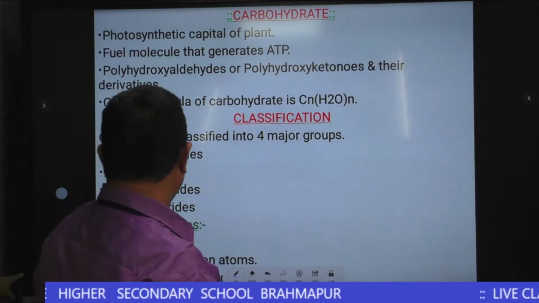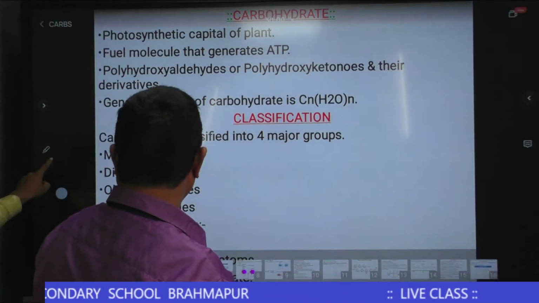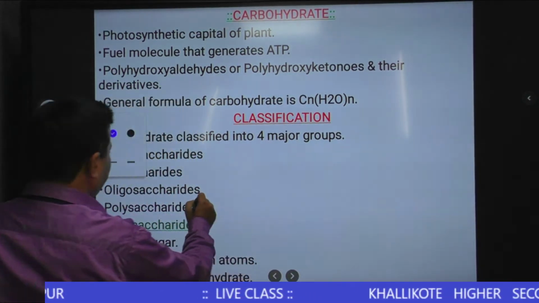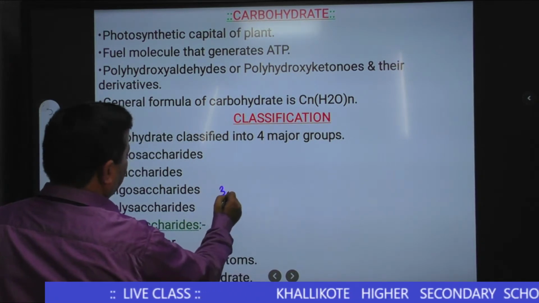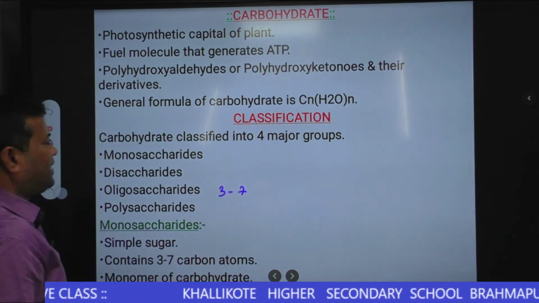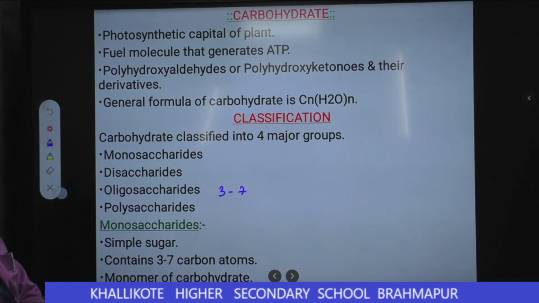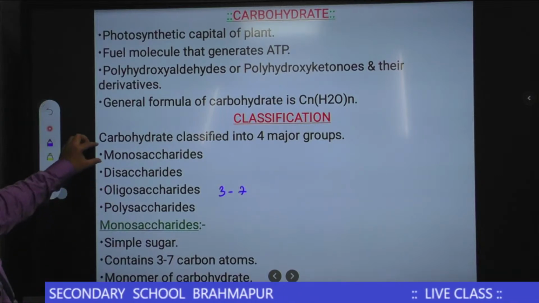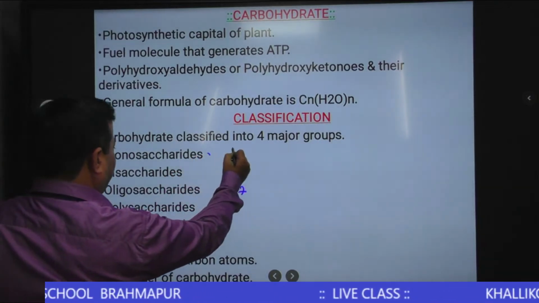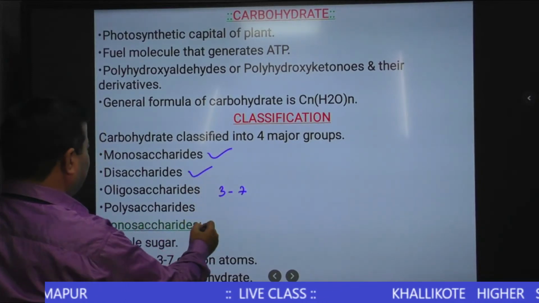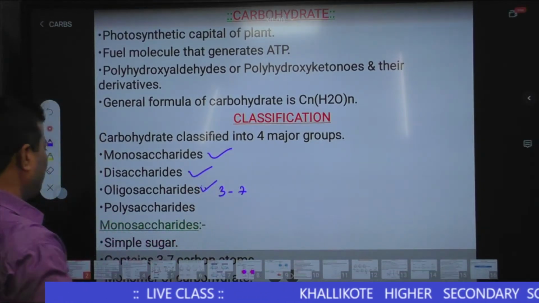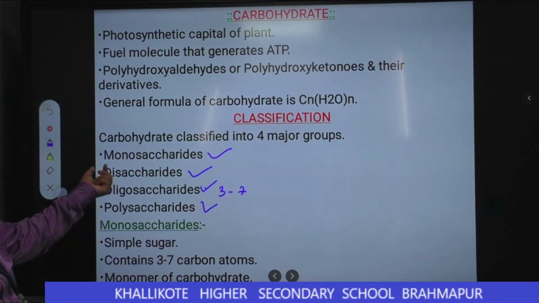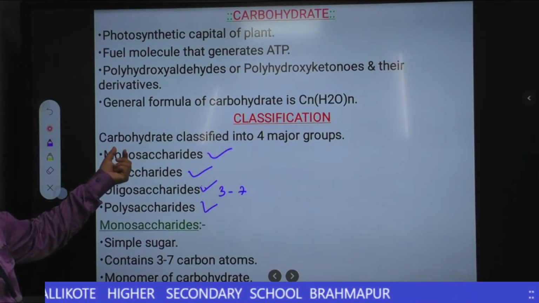Similarly, oligosaccharide means when 3 to 10 sugar residues are combined with glycosidic bonds. Okay. First is monosaccharide, then disaccharide, third is oligosaccharide, fourth is polysaccharide. Monosaccharide means a single sugar unit.